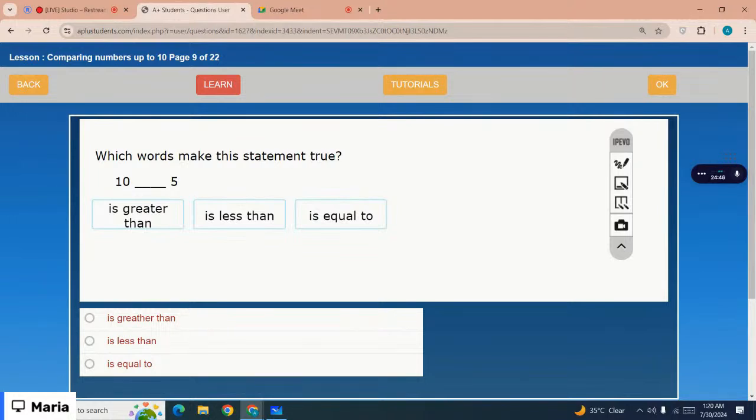The correct option is 10 is greater than 5.